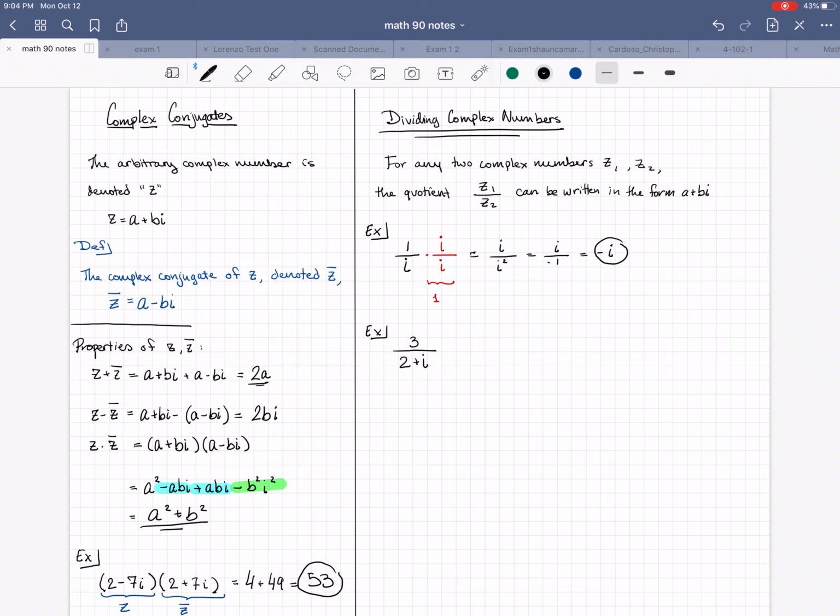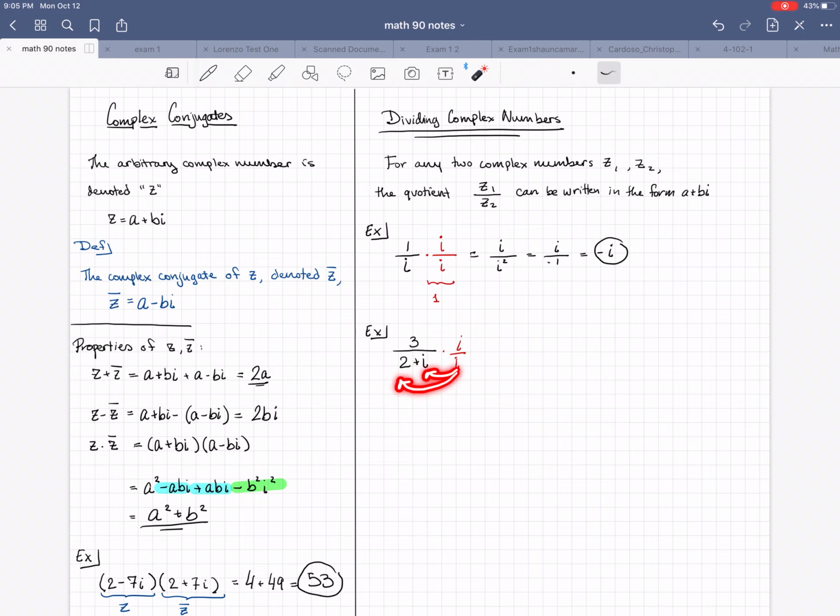Now, here's the thing. I have an i in the denominator, but multiplying top and bottom by i isn't going to help me because of the distributive property. If I multiply top and bottom by i, well, that doesn't do me any good. I have to distribute that i through.